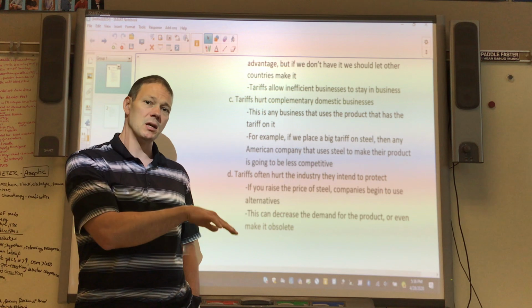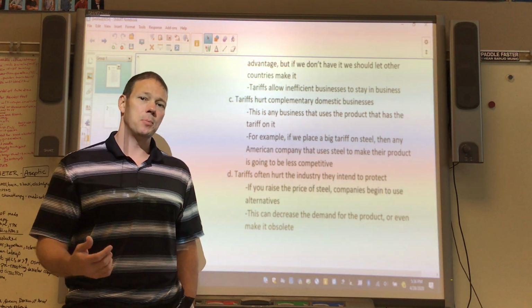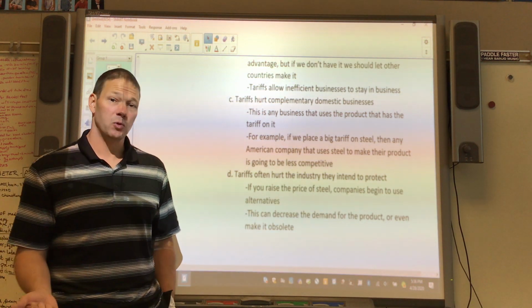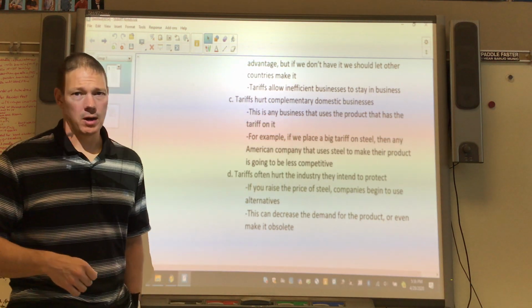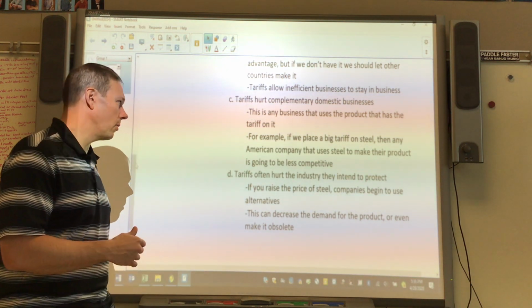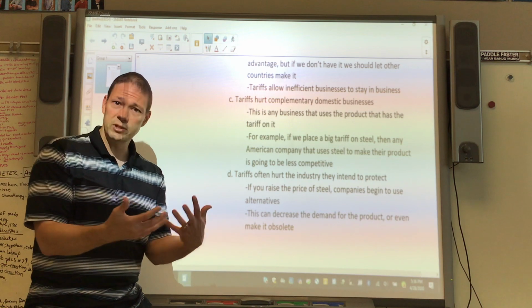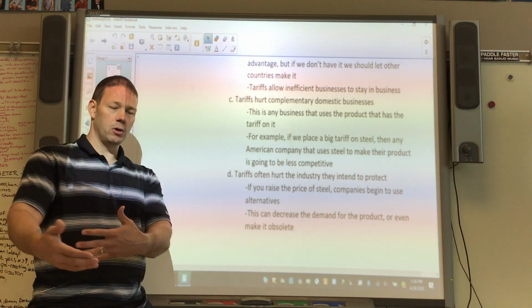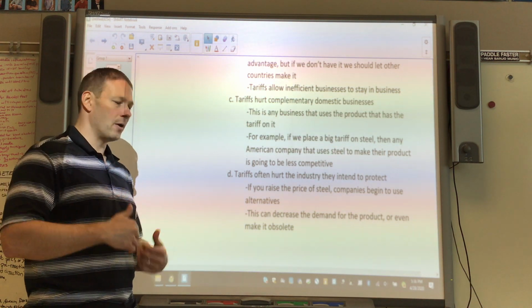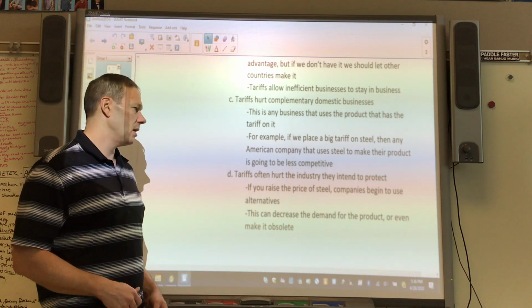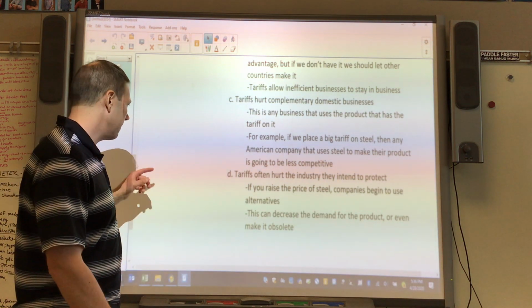Fortunately, there was a Mexican food conglomerate that bought up the Hostess brand, and now we have Twinkies again, but there was a rough couple years there, and so again, Hostess was hurt by that. Hostess uses sugar, there's big tariffs on sugar, and now they are at a disadvantage because the price of sugar is too high for them.